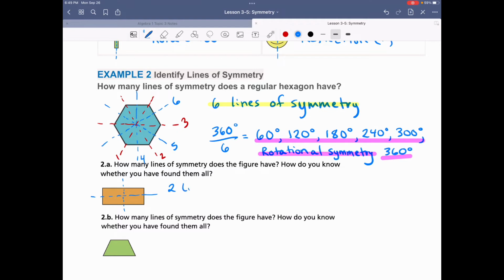So it has 2 lines of symmetry, and it has 180 degree and 360 degree rotational symmetry. Because if I turn it 180 degrees, it'll come onto itself, and another 180 degrees, and it'll come onto itself again. Or it will line up with itself. For this trapezoid, there is only 1 line of symmetry.